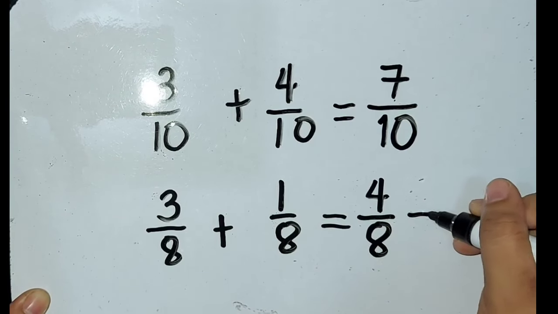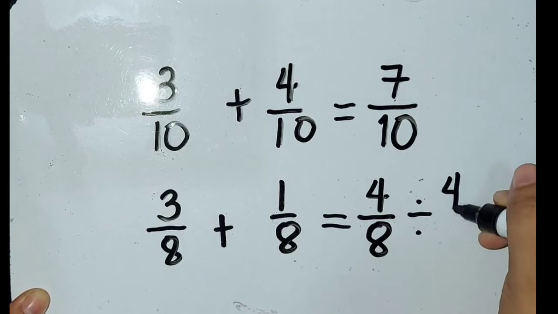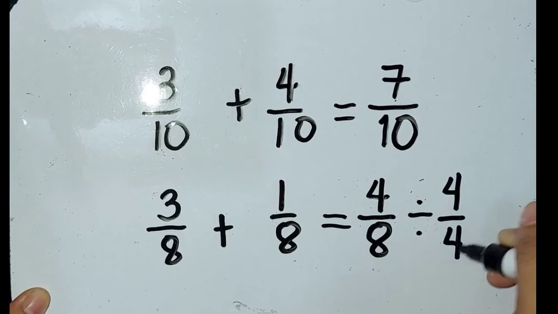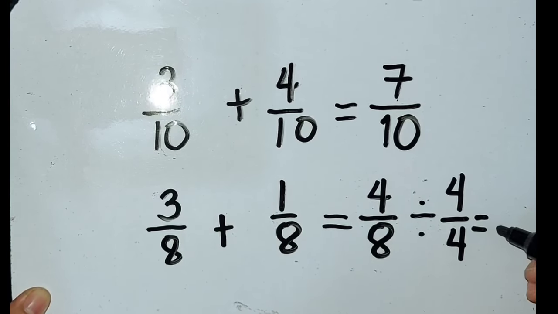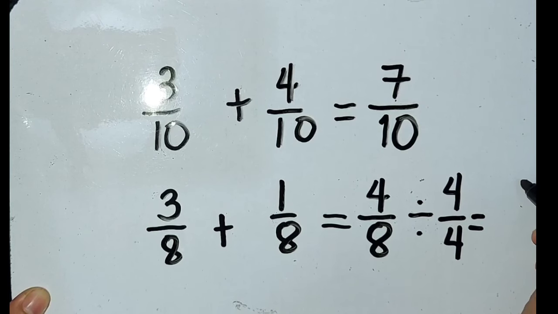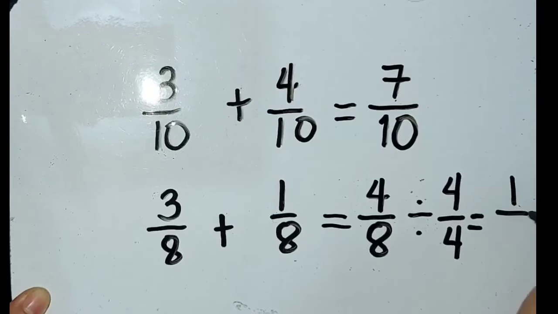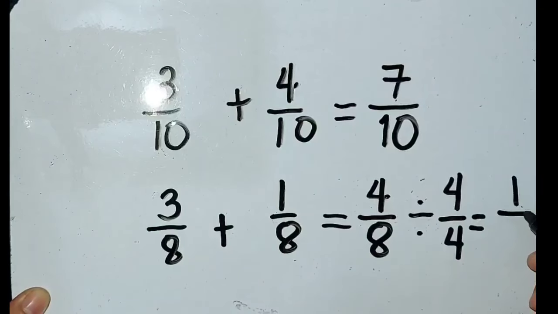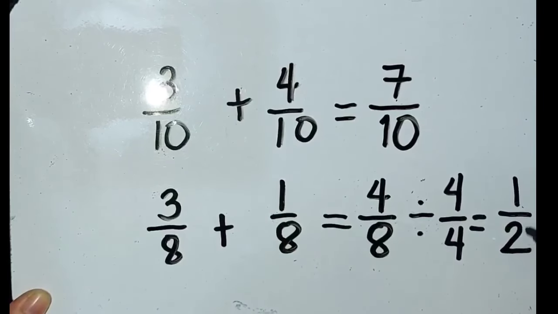Let's divide 4 and 8 by 4 over 4. So we have 4 divided by 4 is equal to 1, and 8 divided by 4 is equal to 2. So our final answer is 1 over 2.